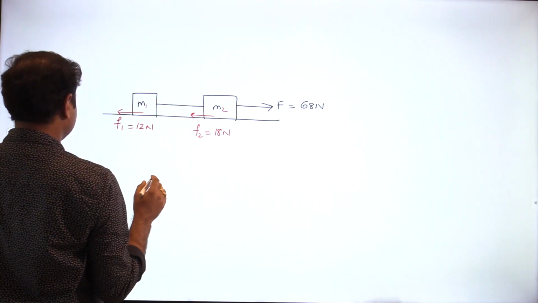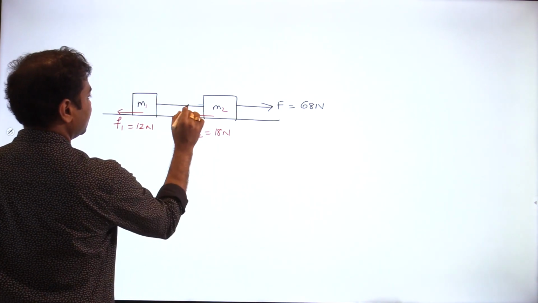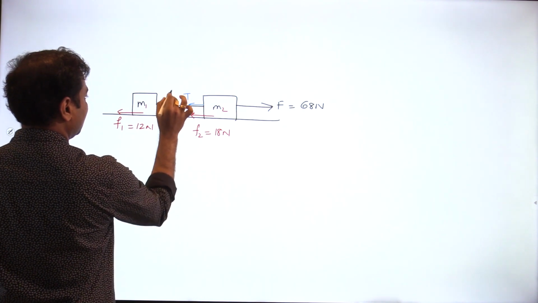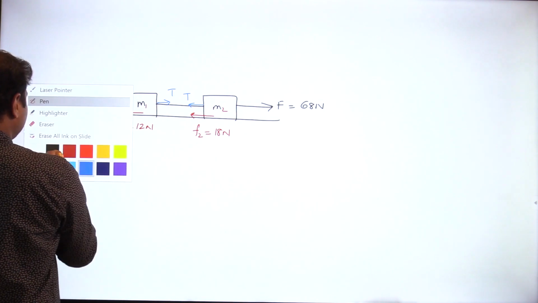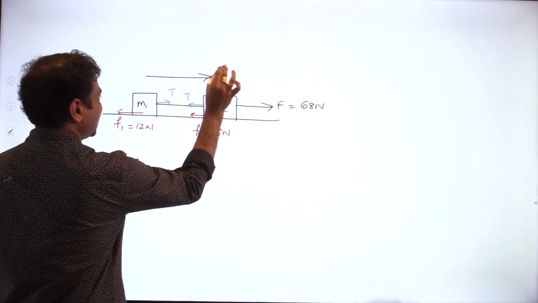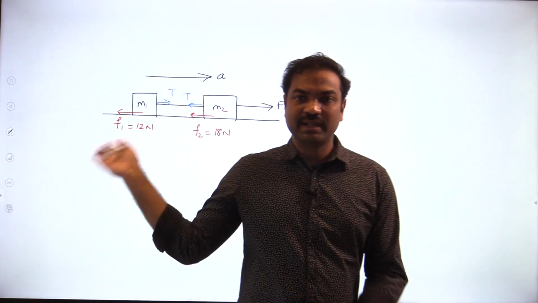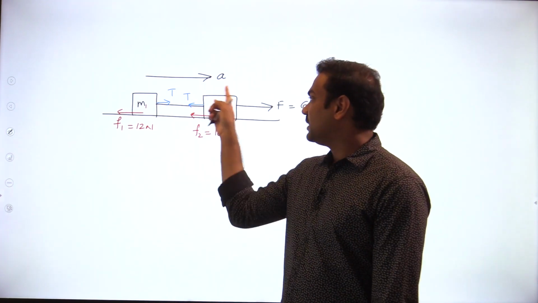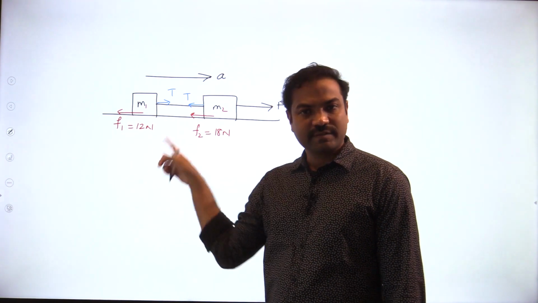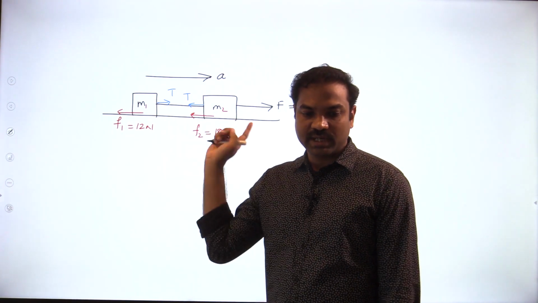How will the tension act? Tension always acts along the string, away from the objects. Let us say the system is moving with acceleration A, because both are directly connected. The constraint is a simple one: if the acceleration of M2 is A, the acceleration of M1 also will be A.